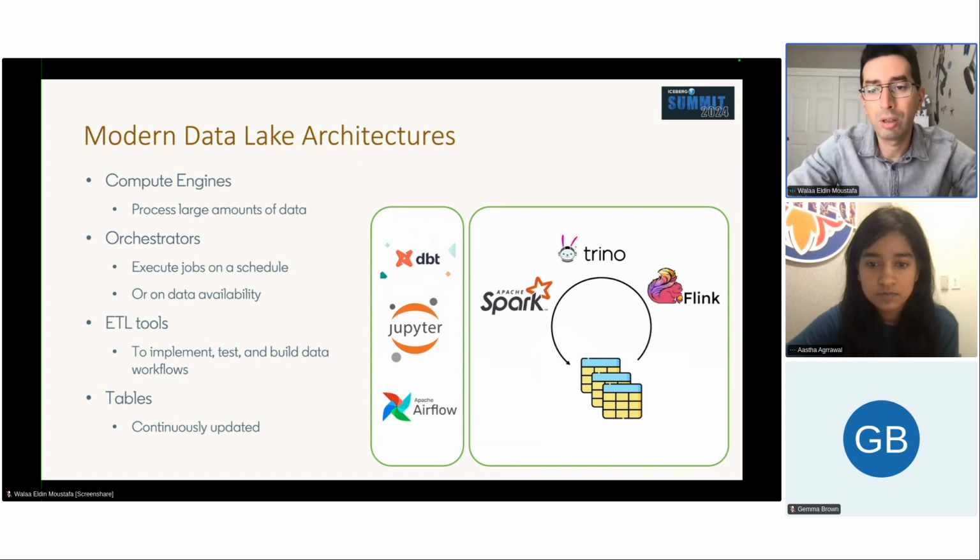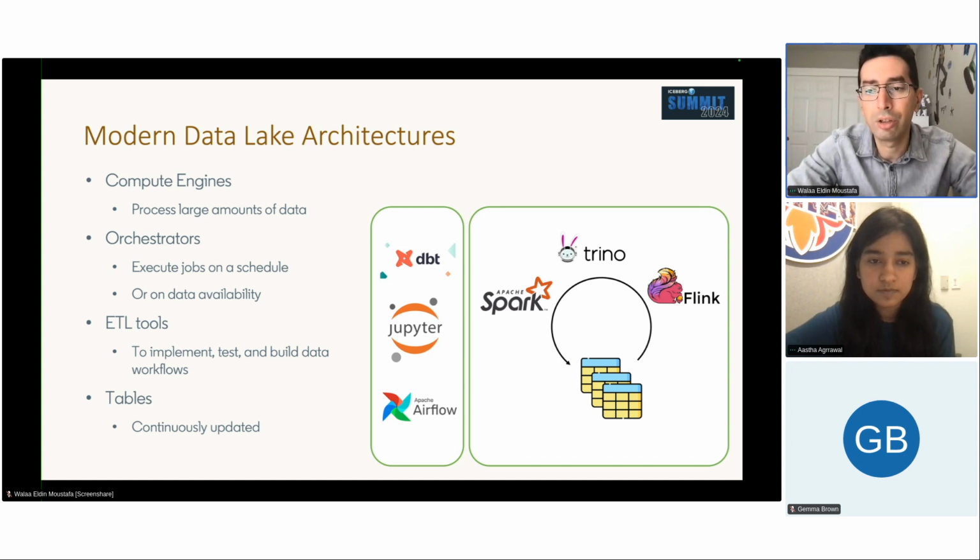So data lakes are characterized by leveraging a variety of compute engines, such as Spark, for example, which is an engine for big data analytics with multiple query APIs, such as SQL and Scala. Trino is another big data engine for analytics as well as interactive querying, which uses SQL APIs for the most part.